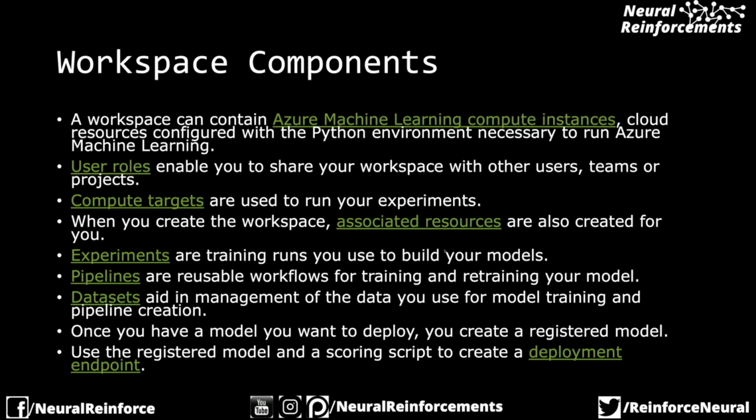Those could be for scoring, and there are different types of inference clusters also. Or if you have something outside of your machine learning workspace that you have created specifically for a particular product, you can attach it as well. Then we covered the experiments. These are nothing but your training runs, which will produce either models or do some computations.